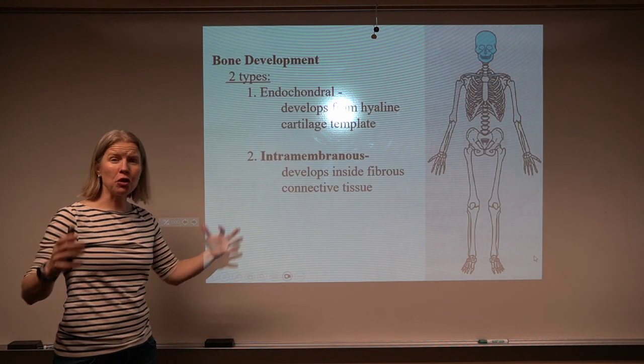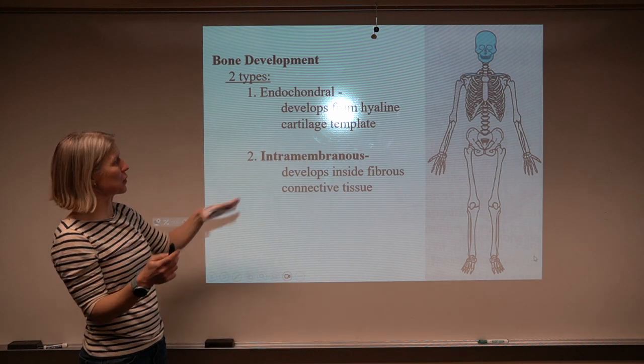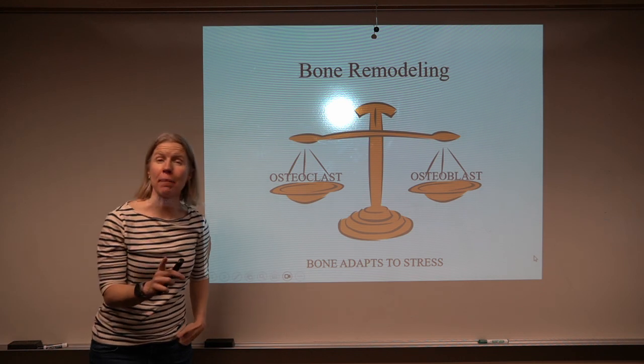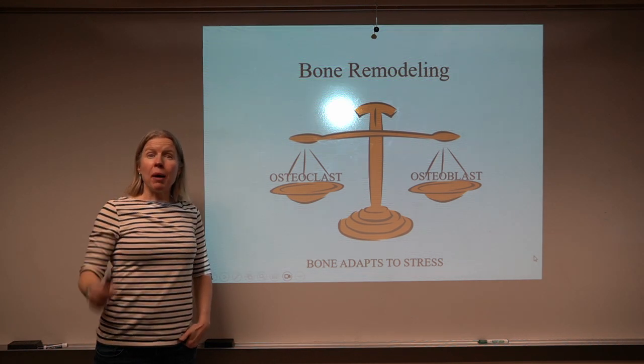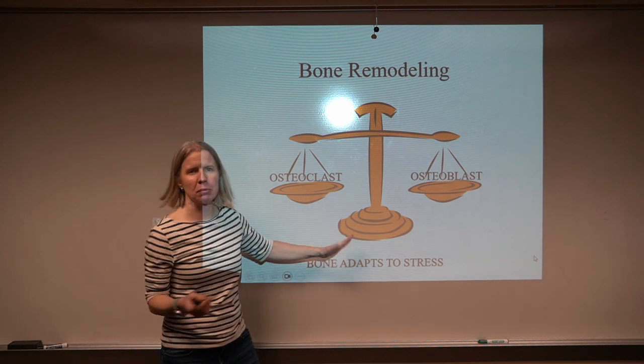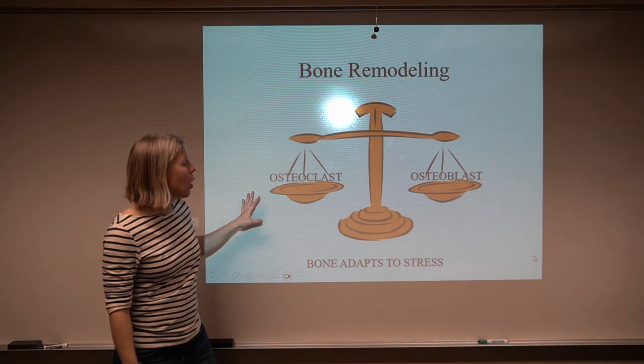Okay, so see how those two kind of got squished together, but we already went through intramembranous ossification. Okay, this bone remodeling is the part that happens throughout your life, right? And so I picked up this little scales of justice here.